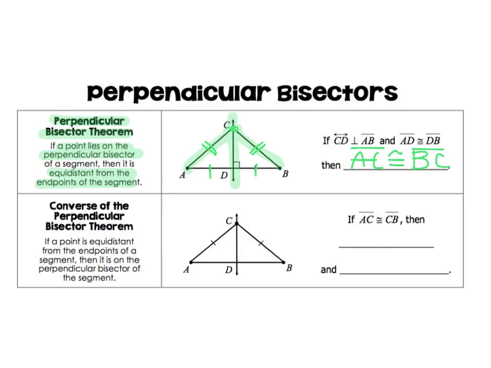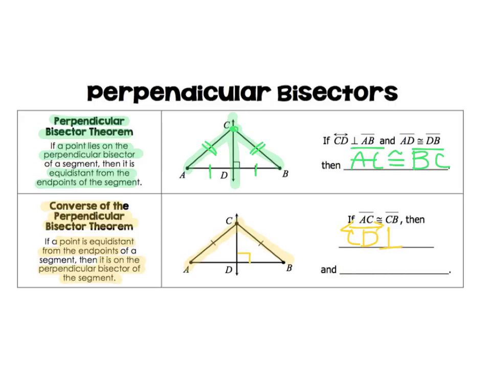All right. Then the converse of the perpendicular bisector theorem. The converse tells us that if a point is equidistant from the endpoints, so if we know that C is equidistant from A and B, then we can say it is on the perpendicular bisector of the segment. So if we know that AC is congruent to CB, then we can say that CD is perpendicular to AB, because then we know that it is on the perpendicular bisector.